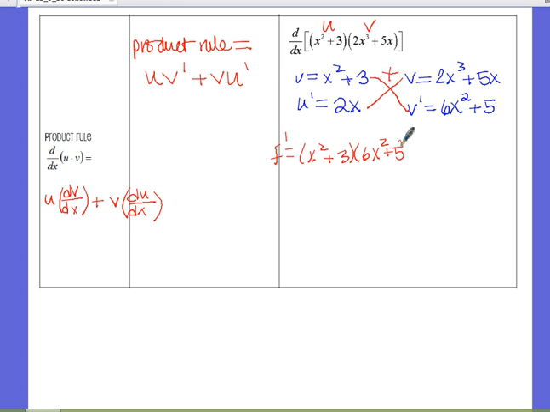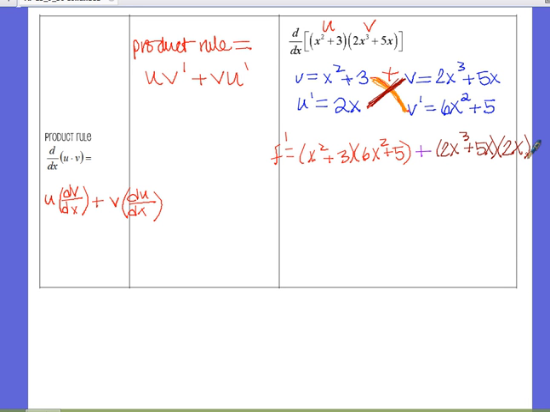And so what I did there, I literally took this branch, and then you're going to put a plus sign in between them, and then I'm going to take the other branch right here, and that would be v, which is 2x cubed plus 5x multiplied by 2x. And multiplying it out will really depend. If I ask you to simplify completely, then you'll actually have to multiply that out. If I ask you to just do your product rule and just simply find the derivative, that would be enough.